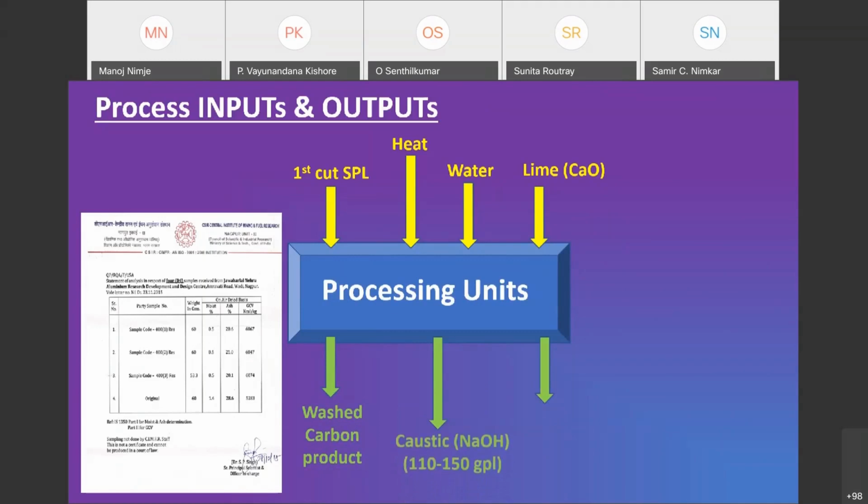The other output of the process is recycled caustic liquor with concentration in the range of 110 to 150 gram per liter, and this will depend on the ratio of leachable sodium to leachable fluoride present in the first cut SPL. And the last output of the process is calcium fluoride with a purity of about 65 to 70%.